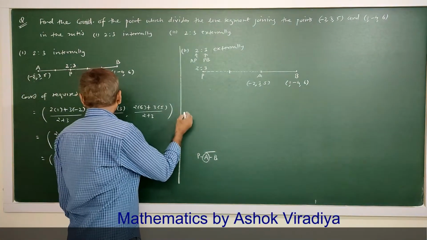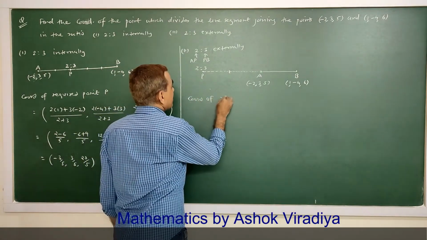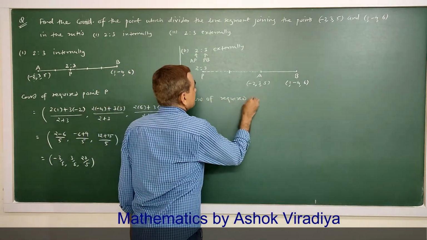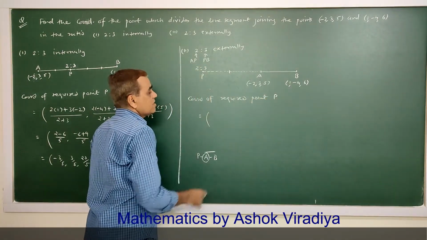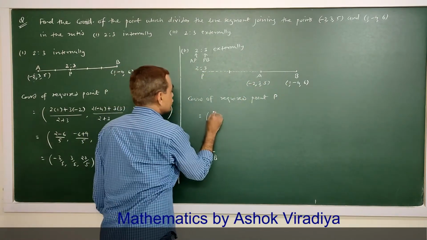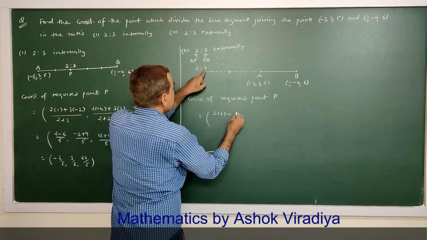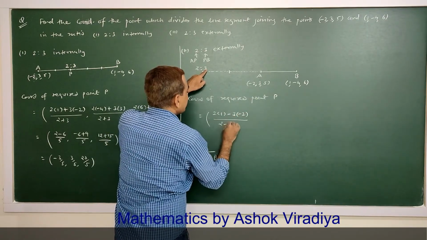So the coordinates of the required point P are: (mx2 - nx1)/(m - n), (my2 - ny1)/(m - n), (mz2 - nz1)/(m - n). So 2 into 1 minus n into x1 upon m minus n.